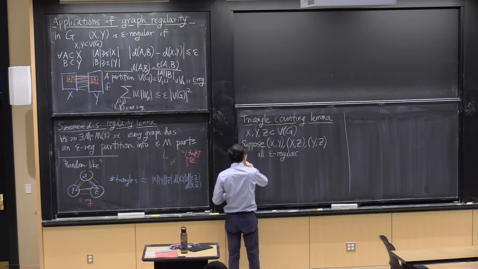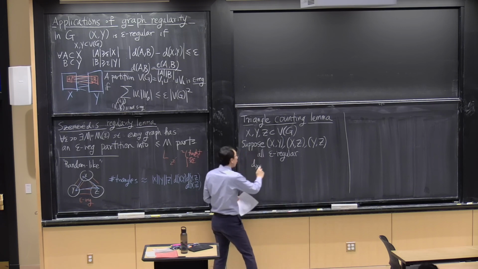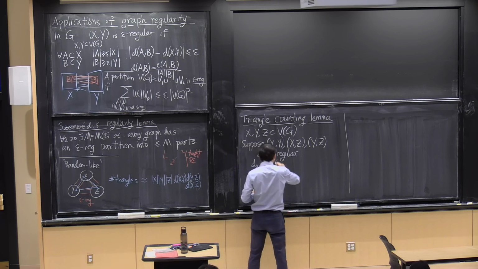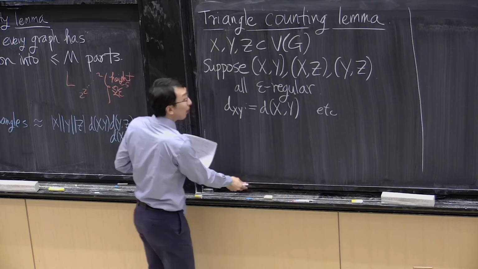For abbreviation, let me write d_xy to be the edge density between x and y, and so on for the other 2 pairs.